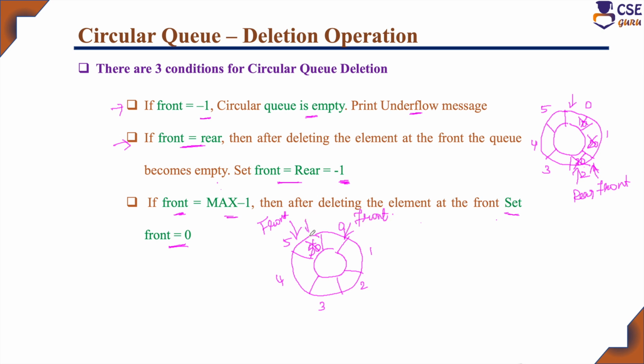Now rear will also be pointing here only. That is the meaning: set front to 0. If front is pointing to the max -1 position, and suppose rear is there, after deleting this element, reassign front to the 0th memory location. Set front to 0. So these three are the conditions we need to implement for the delete or dequeue operation in a circular queue.